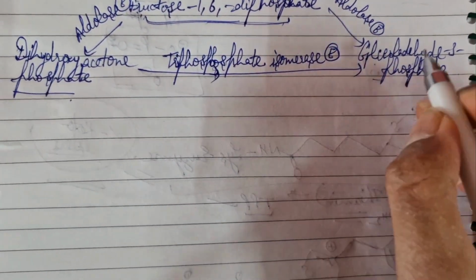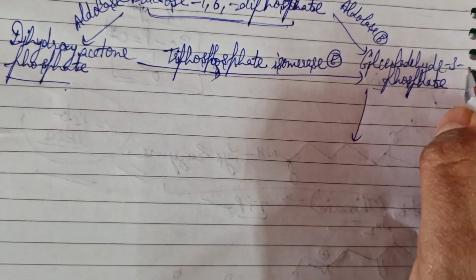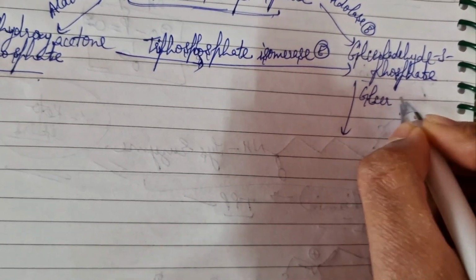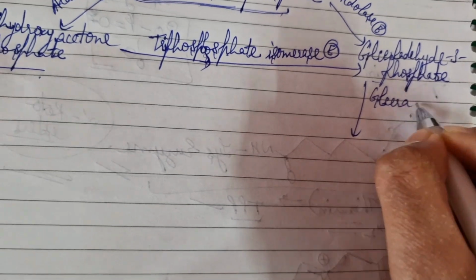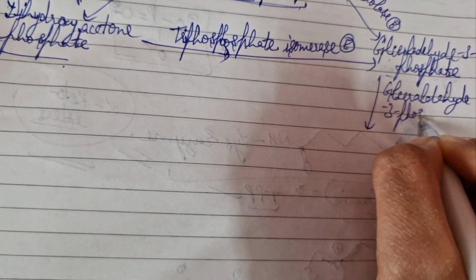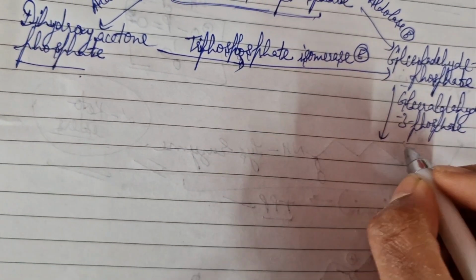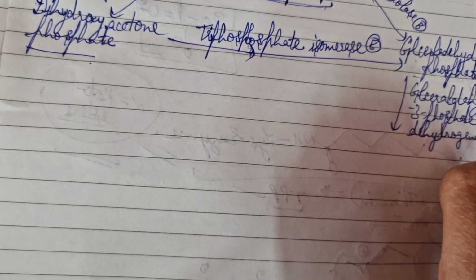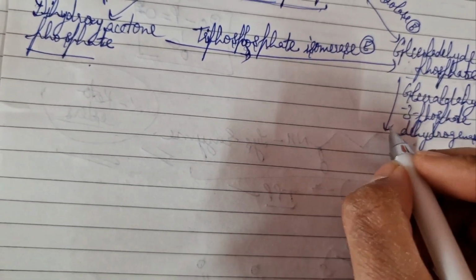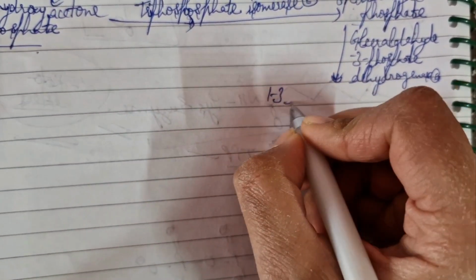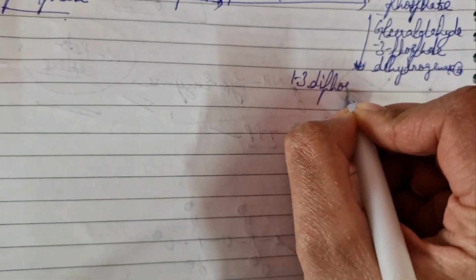Now glyceraldehyde 3-phosphate in the presence of glyceraldehyde 3-phosphate dehydrogenase enzyme gets converted into 1,3-diphosphoglycerate.